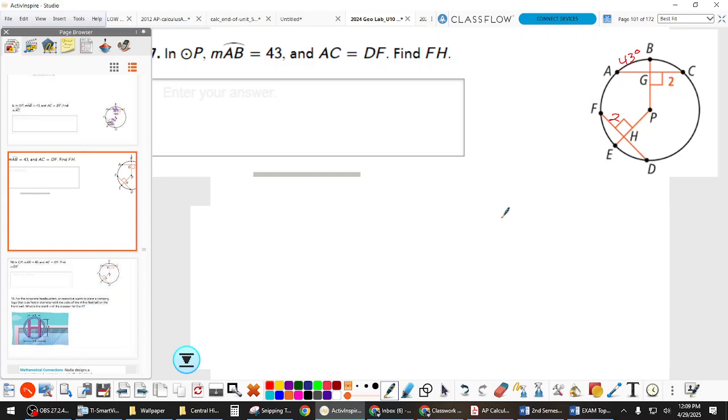Think creatively. We connect that like that. Where else can you write 43? Yeah, right here. Because remember, central angles are congruent to arc measures, their intercepted arc.